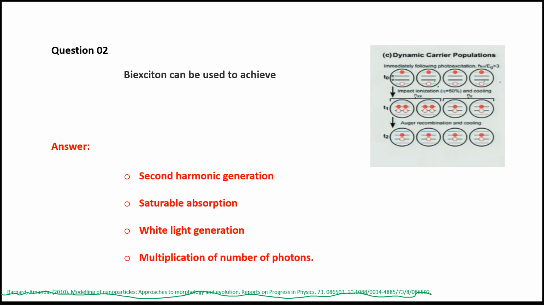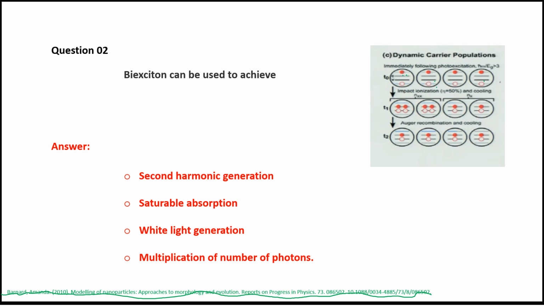There are two processes. First is the impact ionization. Impact ionization means the excess energy is given to the system. Then this higher energy electron comes to the lower state, leading to the formation of a new excited electron.